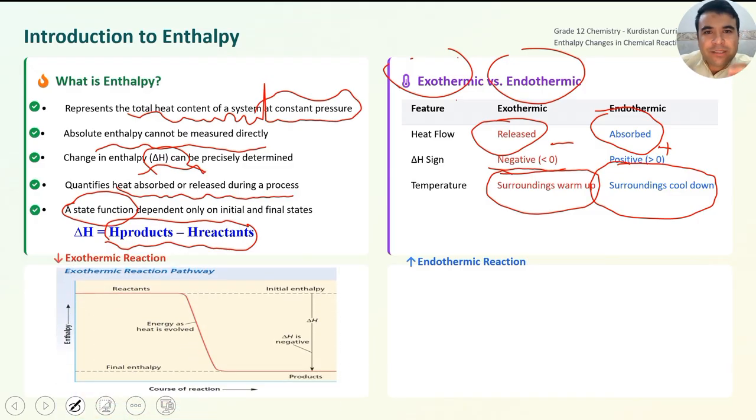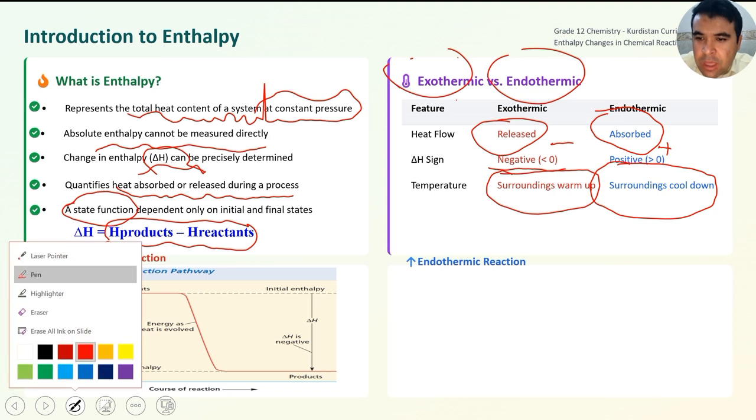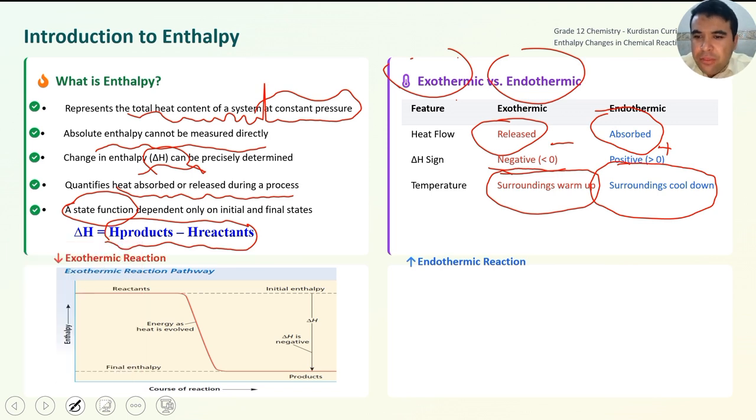To represent the paths of reactions, it's very important to know what's going on during the exothermic and endothermic paths, guys. As you can see, this graph shows the exothermic reaction pathway.